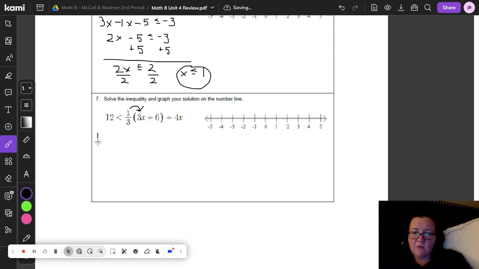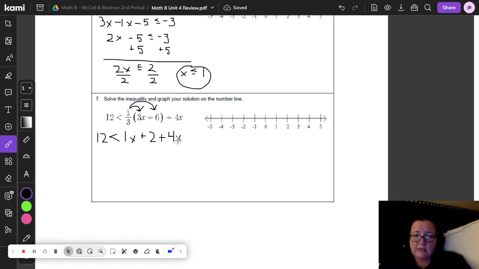So we're going to have 12 is less than 1x, and then we're going to take that 1/3 and multiply it by 6. 1/3 times 6 over 1 would be 2. Add 2 plus 4x.